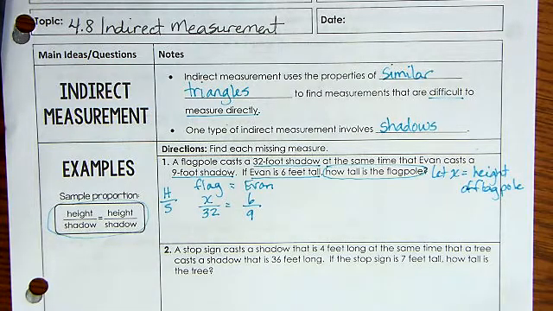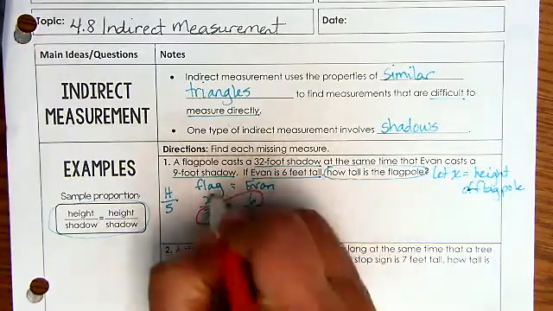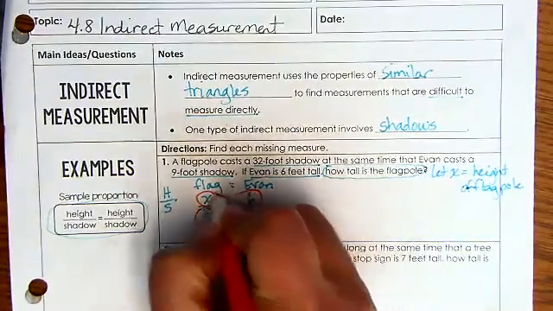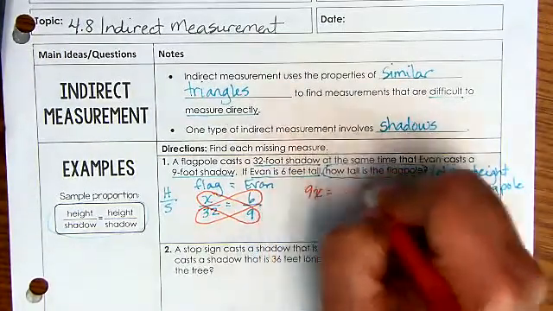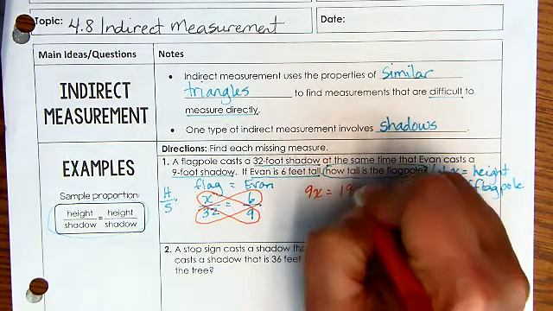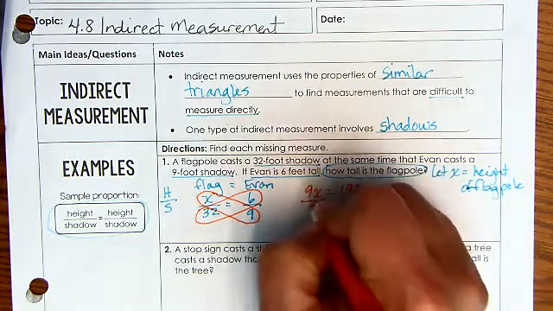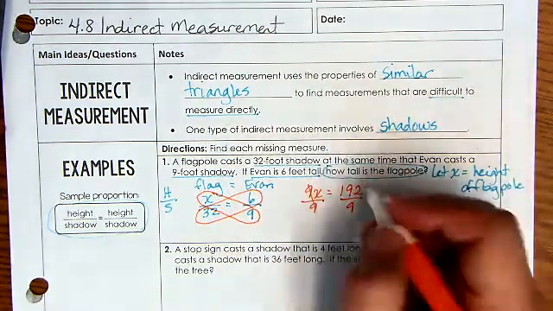We can solve. We multiply diagonally, use the little butterfly method, and we end up with 9x equals 32 times 6, which is 192. Divide by 9, and yes, you do get to use a calculator.